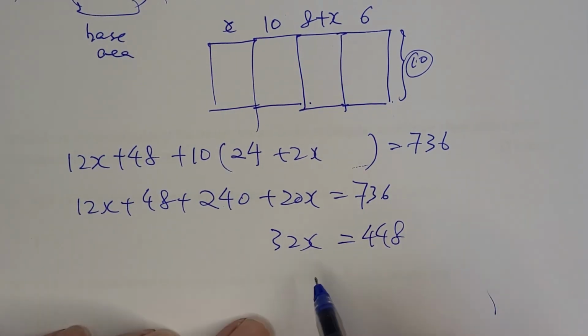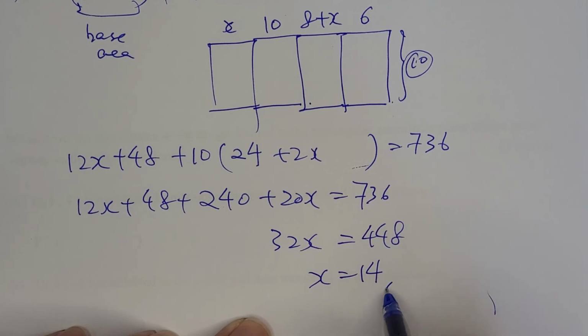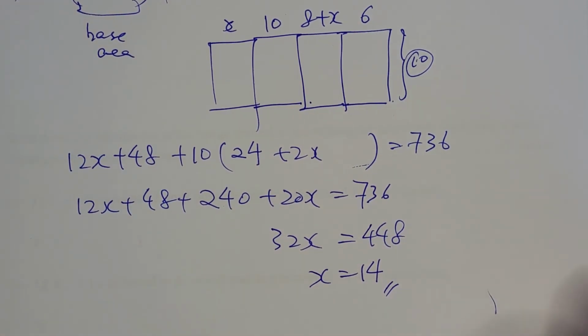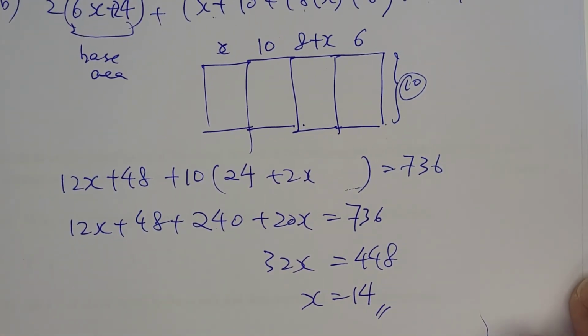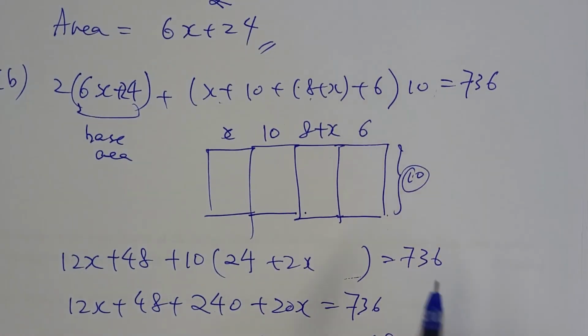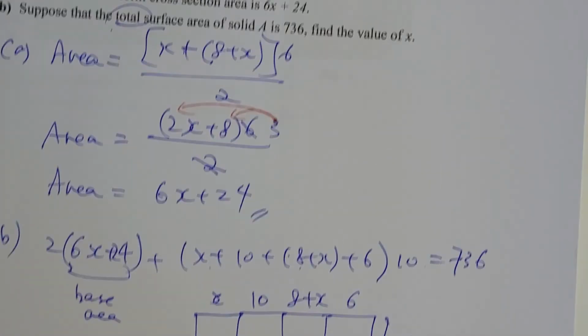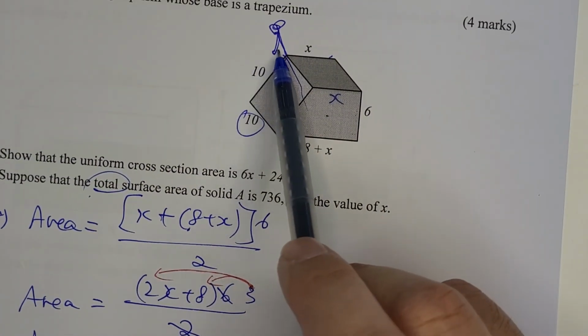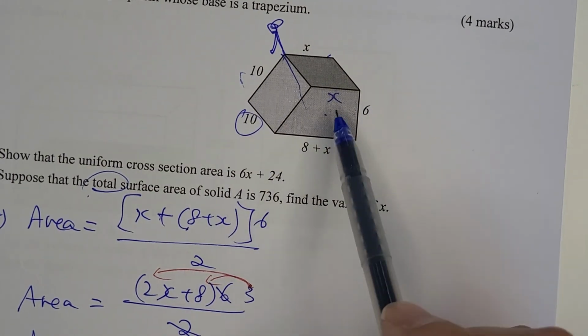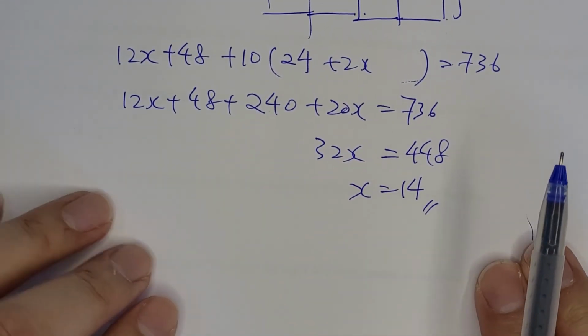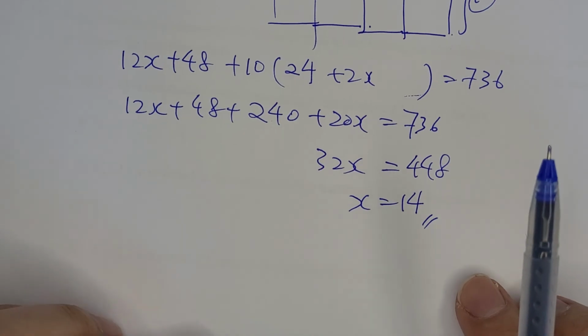So both sides divided by 32, x is 14. So that's your answer. The key point is how to find the lateral surface area. Always consider that the scissors cut along the line and then unfold it. So that's the end of question number 11.